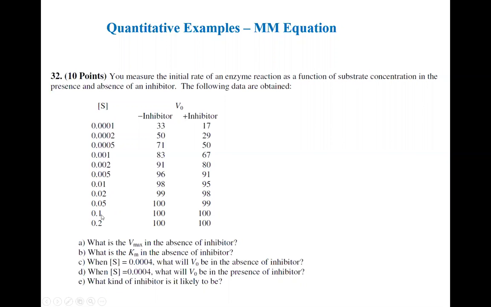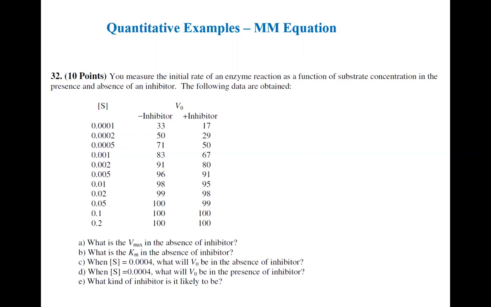When it's 0.1 unit, still 100. 0.05, still 100. That looks like a Vmax rate right there, because the initial rate doesn't change even when you double or quadruple the substrate concentration. So that rate is the Vmax, right? So what will be the answer? 100 is the Vmax in the absence of inhibitor.